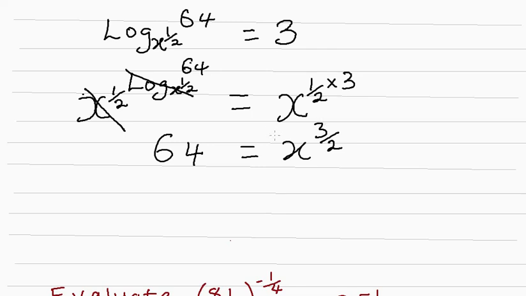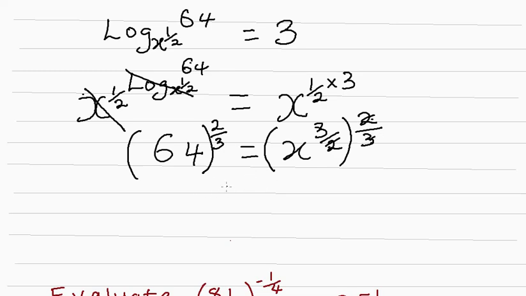So what I'm going to do is raise this on both sides to the power of 2 all over 3. Why did I do that? So that 2 can cancel 2, 3 will cancel 3. Whatever you do to one side of the equation, you also do to the other side. You raise it to the power of the same 2 all over 3. That way, 2 cancels 2, then 3 cancels 3.